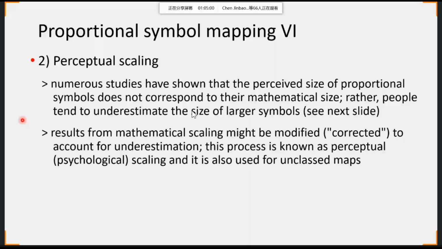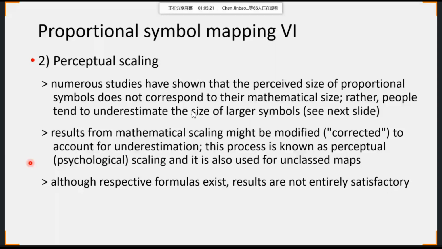Results from mathematical scaling might be modified or corrected to account for underestimation. This process is known as perceptual or psychological scaling, and it is also used for unclassed maps. Although respective formulas exist, results are not entirely satisfactory.